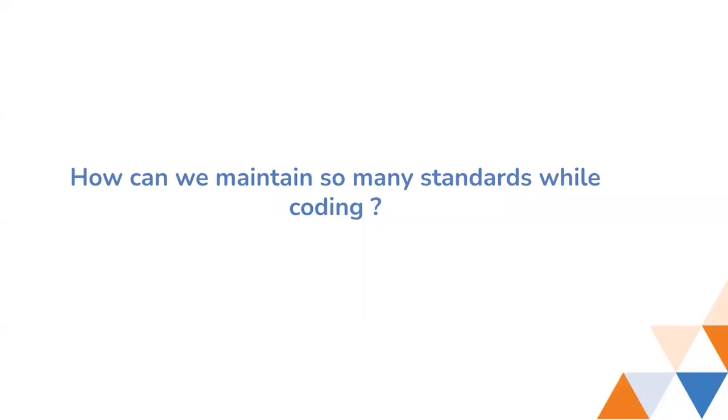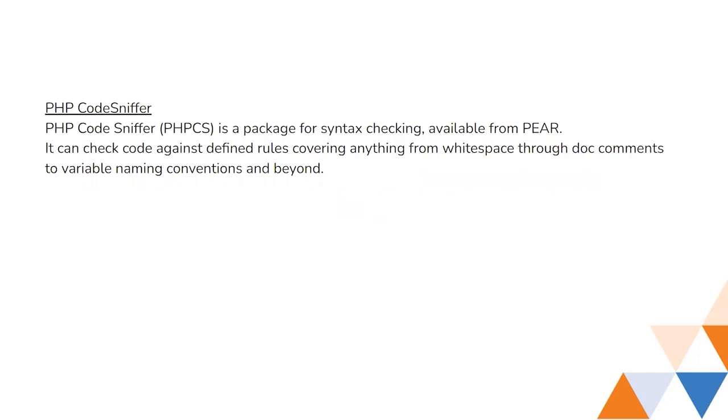So for this problem, we can use something called PHP Code Sniffer. PHP Code Sniffer is a library that tokenizes PHP, CSS, and JavaScript files and detects violations of whatever is defined in their standards.